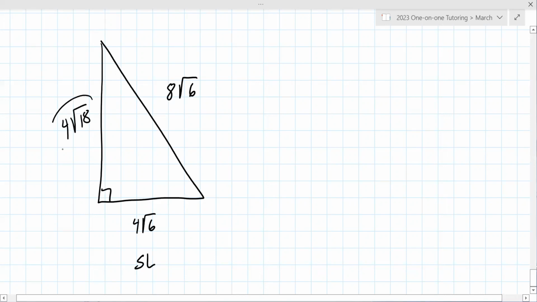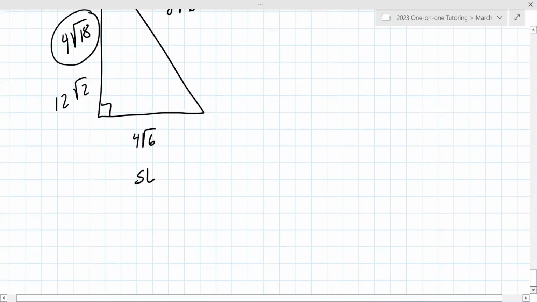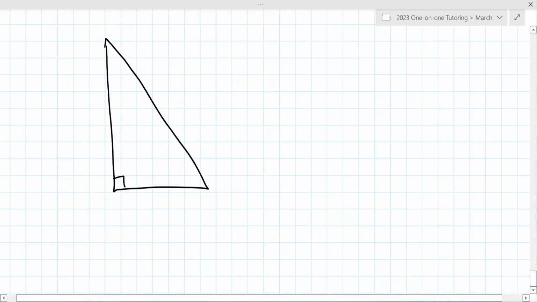You want to make any changes to this? I think I can reduce it to be 12 square root 3. It is 12 square root of 2, sorry. So these are just tiny little things that could be the difference between an A or a B, or full mark and not full mark. So just be as careful as you can here.